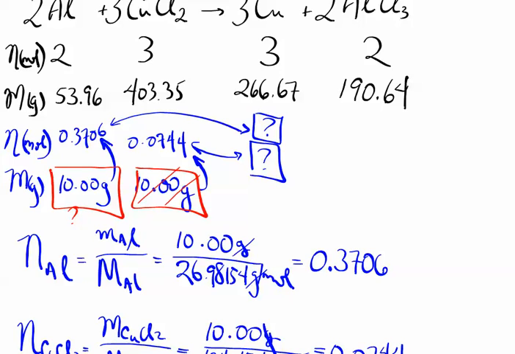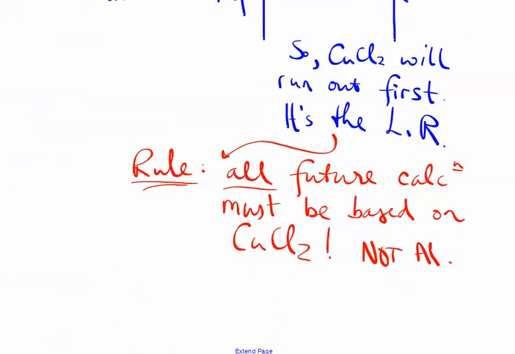Okay, cool. So, all of our calculations then must be based on CuCl2, not on aluminum chloride, because CuCl2 is the limiting reactant, and that's how you do that. So you take each reactant, you figure out who's going to make more, and whoever makes more, they're not the limiting reactant. The one that makes less is the limiting reactant.